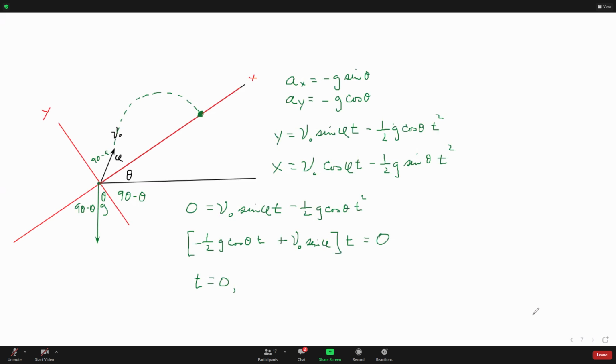So Joshua, what's the other solution for this equation? Okay.